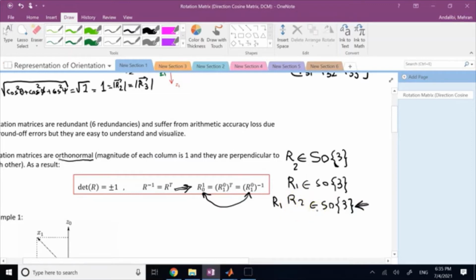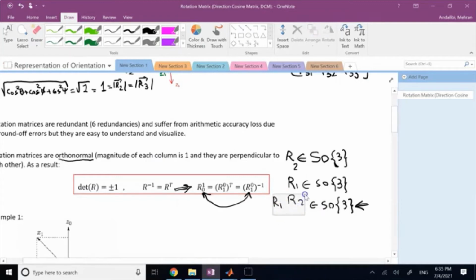Okay, that is very important. Why? I'll show you. When we do rotations one after each other, so we compose rotations together, we have subsequent rotations. The way that we can replace all of those subsequent rotation matrices with one single rotation matrix, we call it an equivalent rotation matrix, is to simply multiply them together.